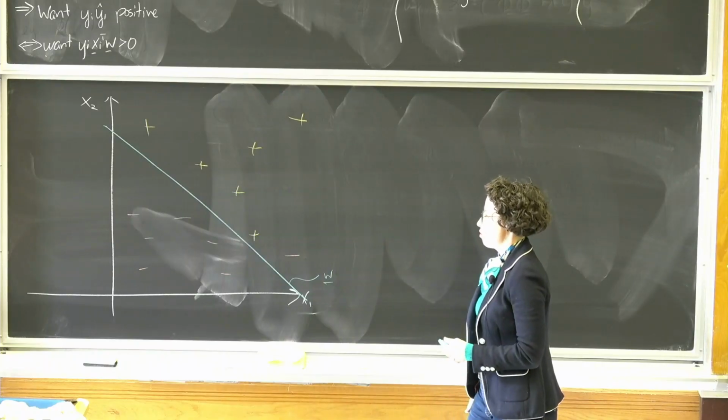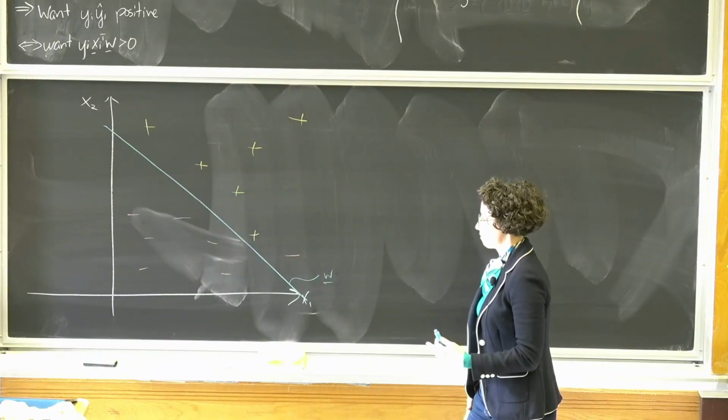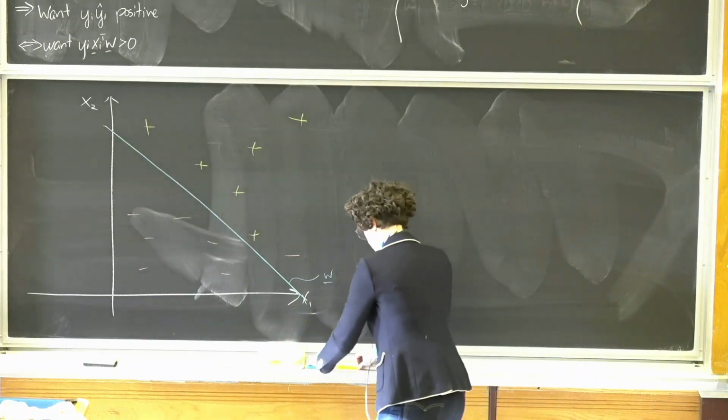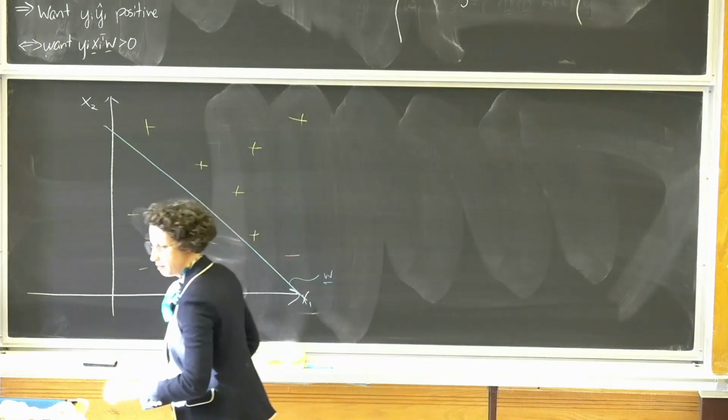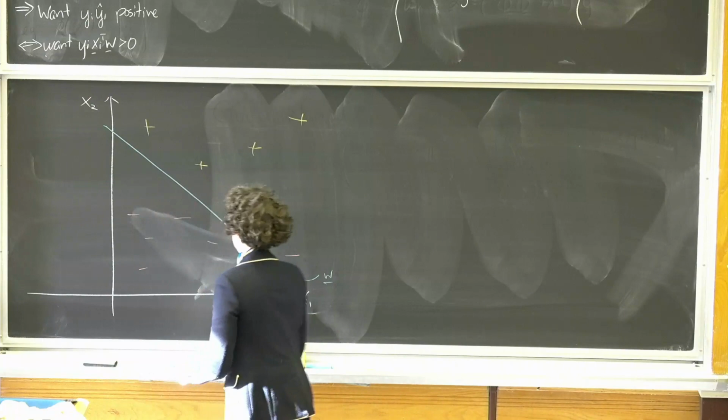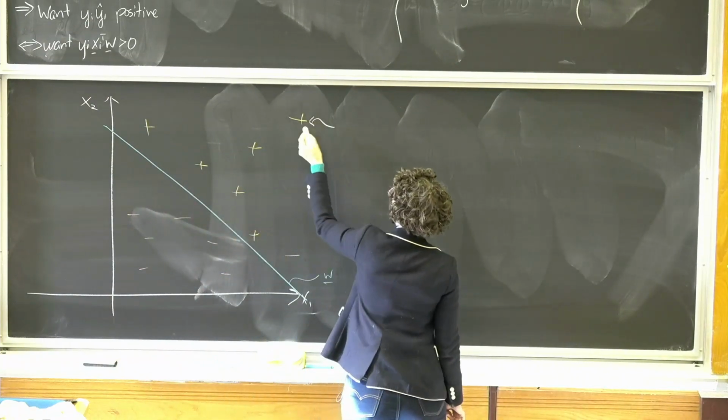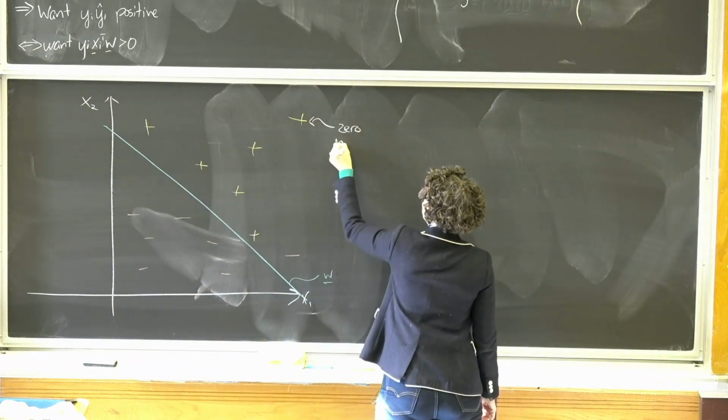Now if we think about what kind of losses we're getting: this sample way up in the corner that was causing us problems with least squares is going to have 0 hinge loss.